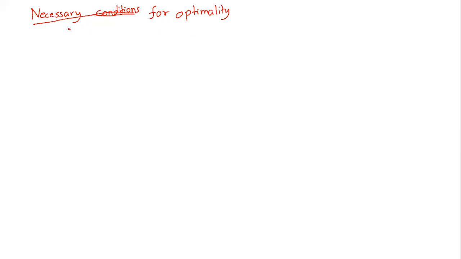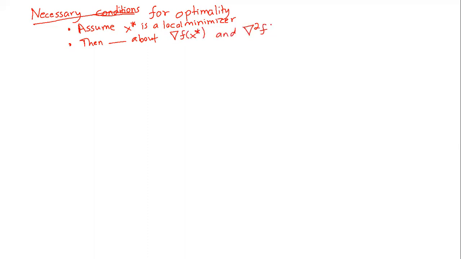Essentially, assume x star is a local minimizer. Then blank, which we're going to see, about the gradient vector at x star, and the Hessian, which is the second derivative matrix at x star.